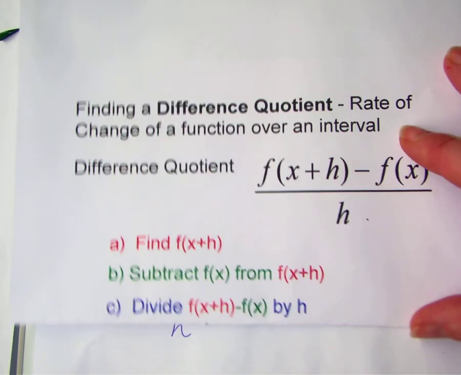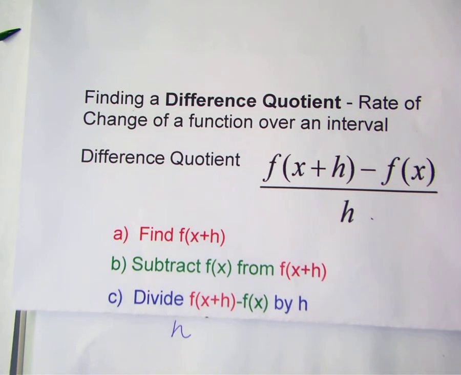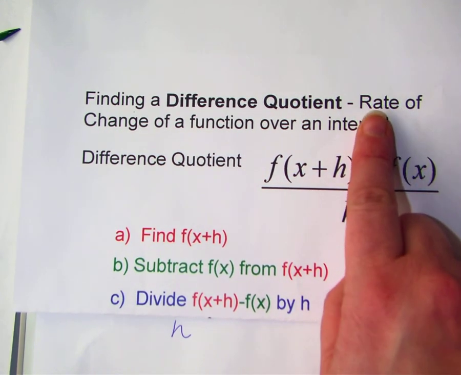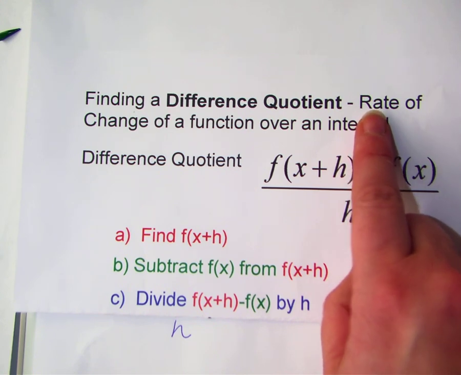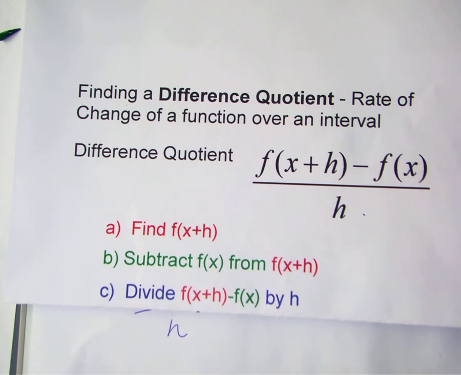That's beside the point for what I want to make right now. The thing is that we learned about rate of change in Algebra 1 when we were talking about linear equations. In Algebra 1, for a linear graph, the rate of change was equal to the slope. Now, for a nonlinear graph, that's going to tell you that the rate is not constant. The rate is going to change depending upon the interval.